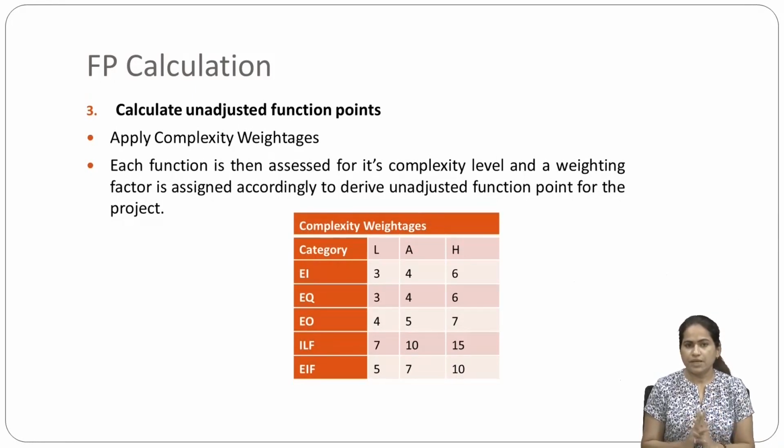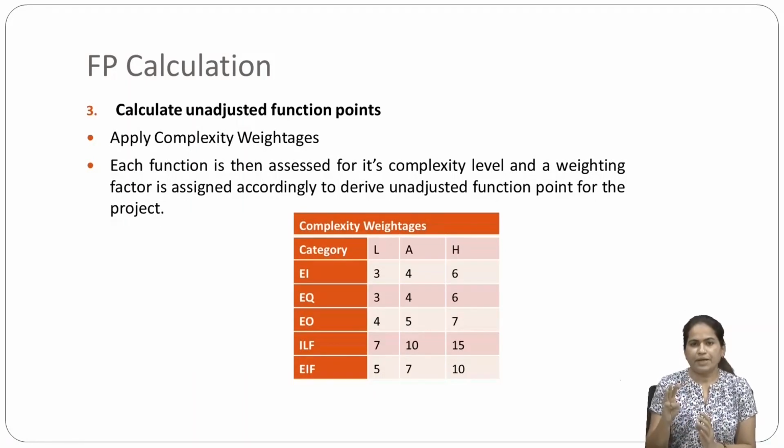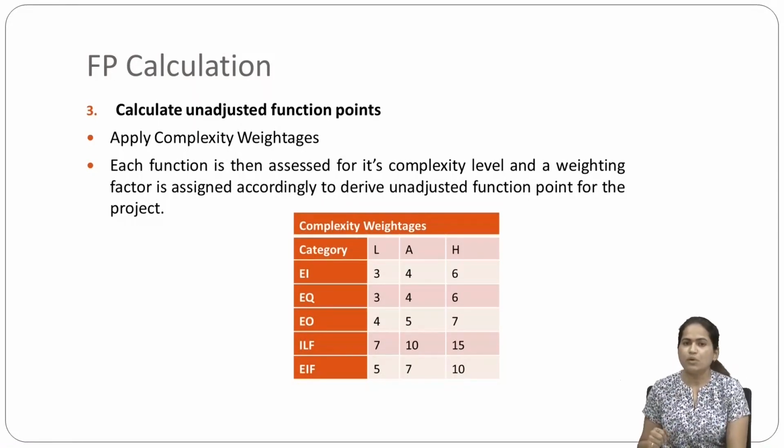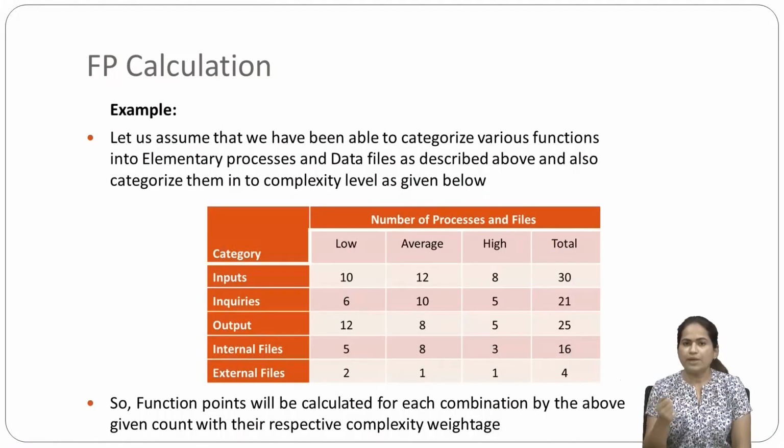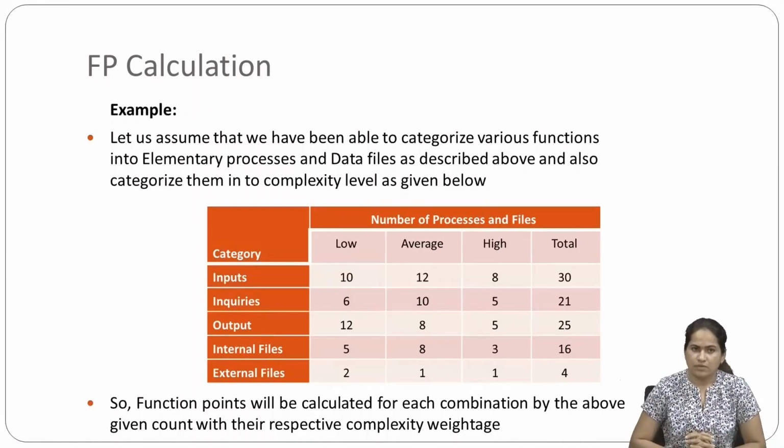Here you can see complexity weightages for EI, EQ, EO, ILF and EIF for 3 different categories of complexity: low, average and high. These numbers are weighted complexities, and based on that we are going to calculate the unadjusted complexity.